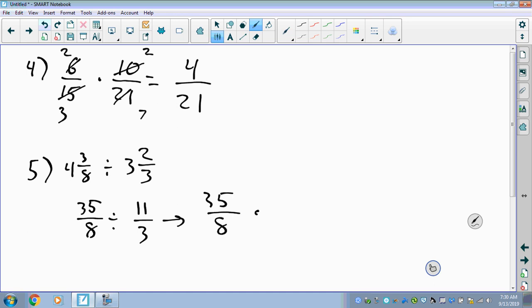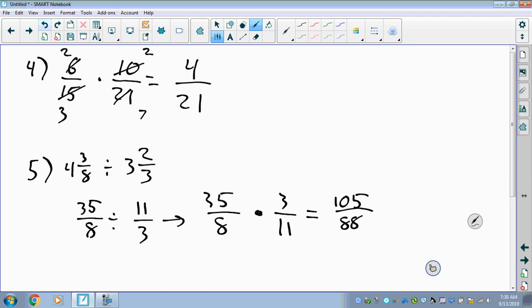We are going to change to multiplication, and now we're going to say 3 over 11. Here in front, there's actually nothing to reduce, right? 3 and 8 don't reduce, 35 and 8 don't reduce, 35 and 11 don't reduce. So frankly, we're not going to have to reduce this at the end. So 35 times 3, straight across the top, is 105, and 8 times 11 is 88. And you can keep that right there, okay?